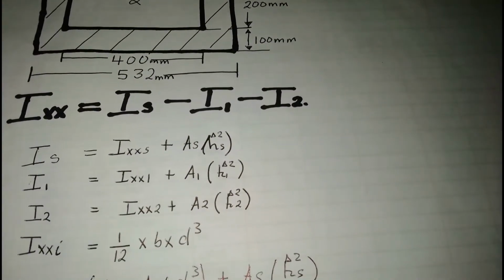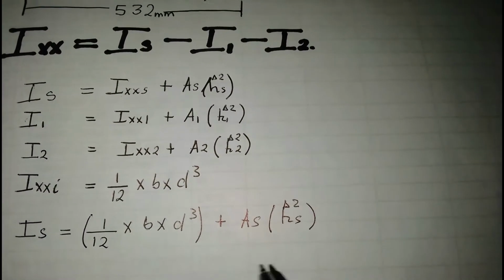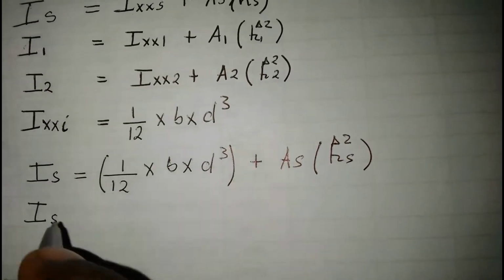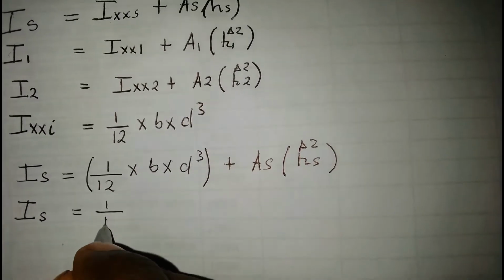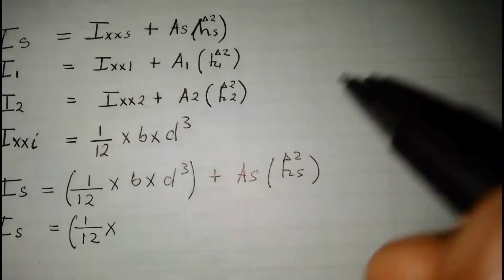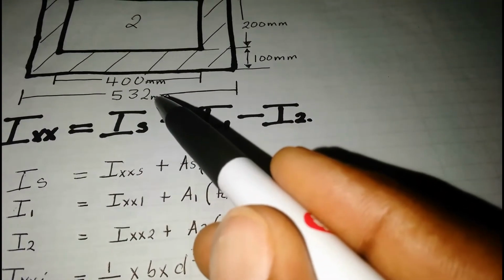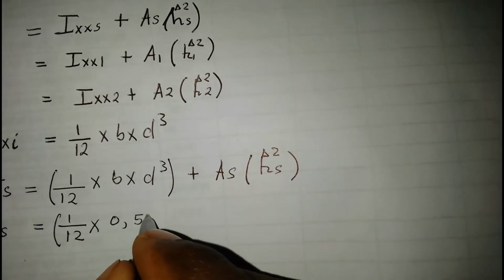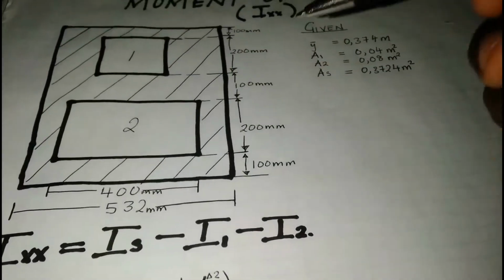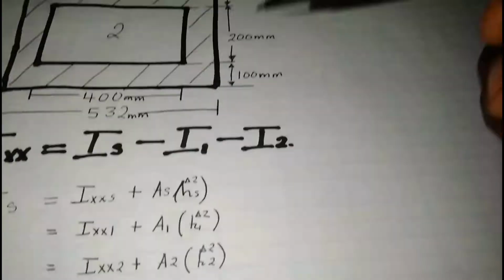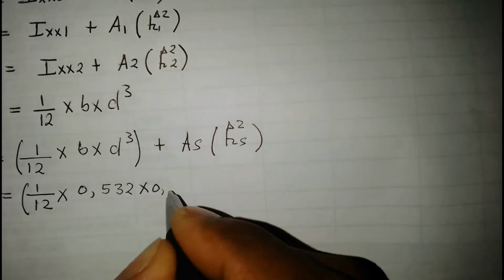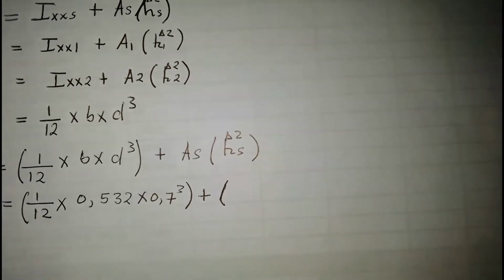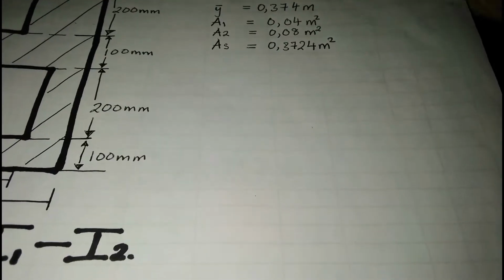As you can see, we are just going to substitute some digits that we have from the given information here. Is will be equal to 1 over 12. What is the base for this material? The base is 0.532, because these are millimeters. And what is the height? We've got 700 millimeters, so it's 0.7. So 0.7 cubed, and we add the area for the solid material, which is 0.3724.